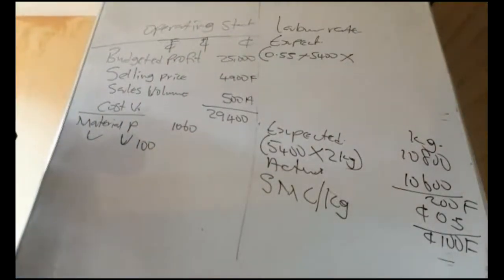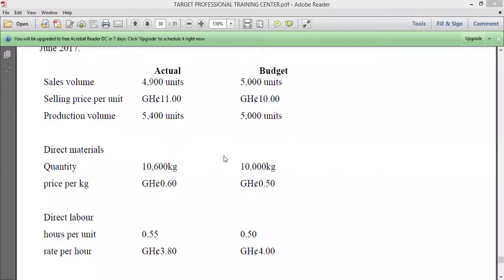So let's pick the standard rate per hour, which is given to us as 0.5 here.